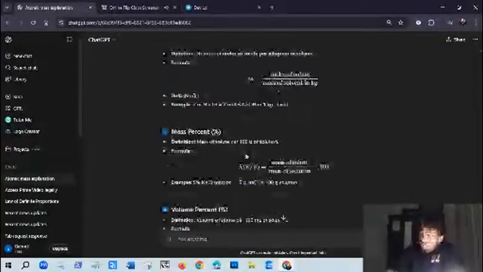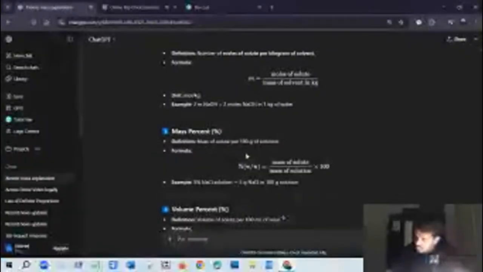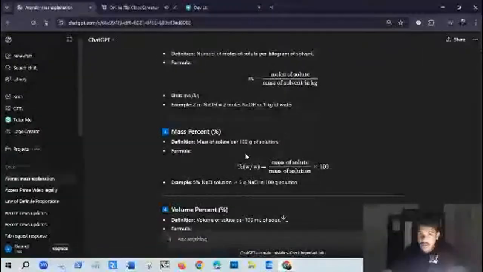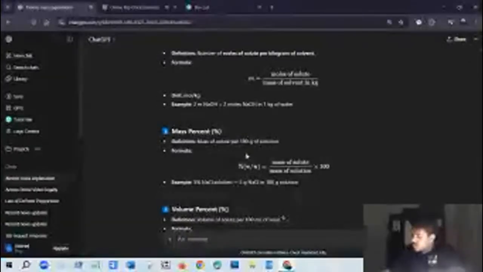Now mass percentage is that. Mass percentage is represented as percentage w/w. So percentage is mass of solute by mass of solution.